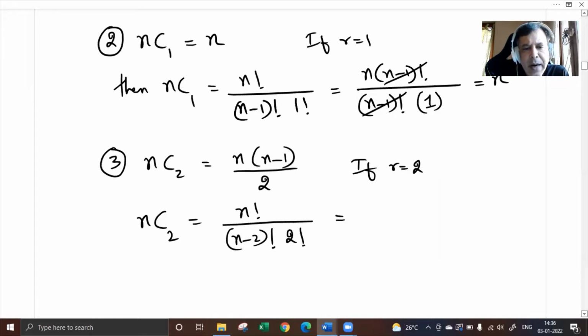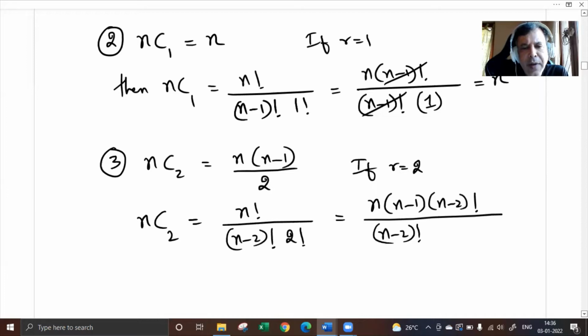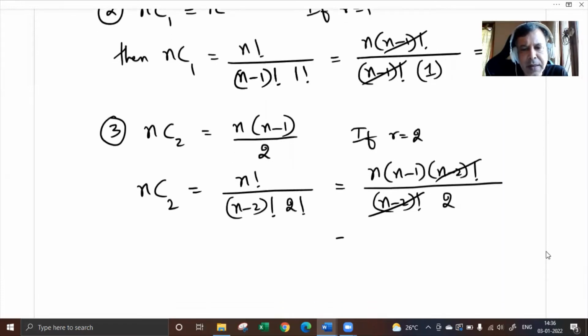So we can now write this n factorial as n into (n minus 1) into (n minus 2) factorial divided by (n minus 2) factorial, and 2 factorial, we know it is 2 into 1, which is nothing but 2. Now I can cancel this (n minus 2) factorial and (n minus 2) factorial. So we get the result n into (n minus 1) divided by 2.